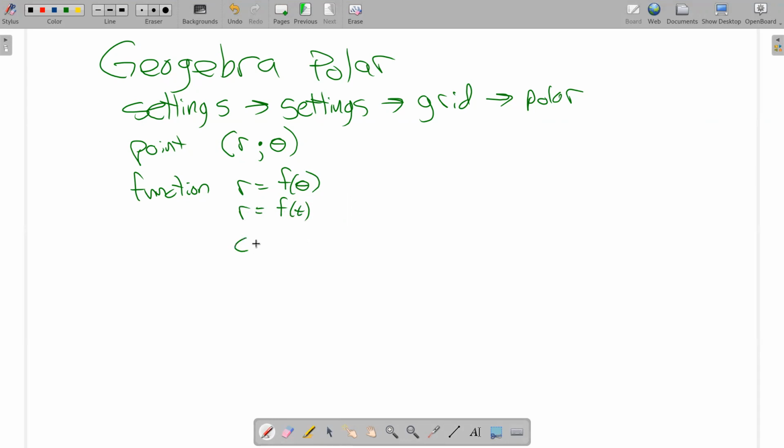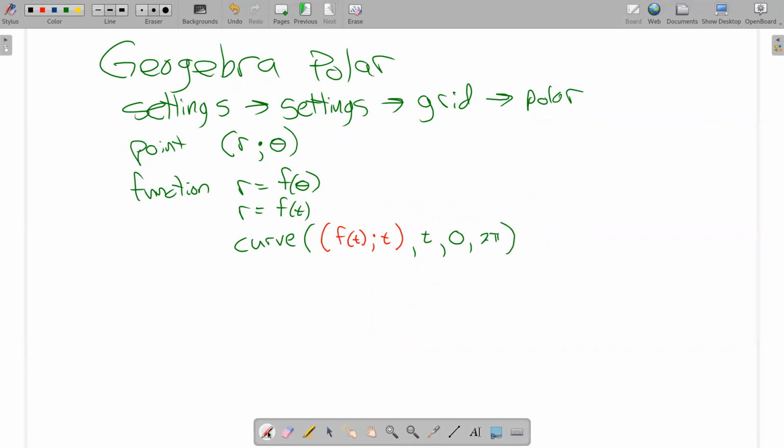I would use the curve function. So curve, parentheses, and then I give it a polar point where I type whatever f of t is, semicolon t, and then I confirm the independent variable is t, and then I tell it where to start and then where to finish. And I went to 2 pi in one example.